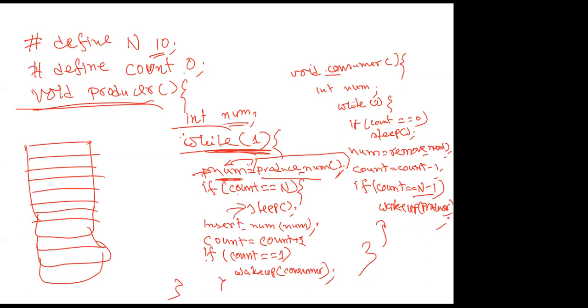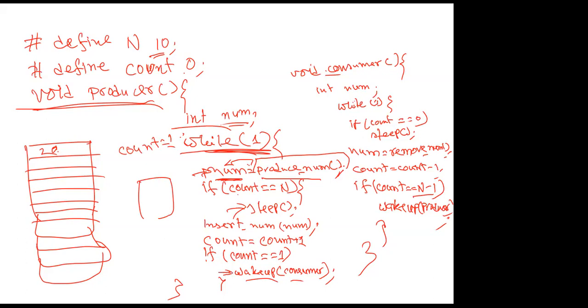Then it will insert a number. Let's say 20 here, and then count will be 1. And then if it is 1, let's say the consumer function was in sleep mode, so it will wake up this sleeping function.